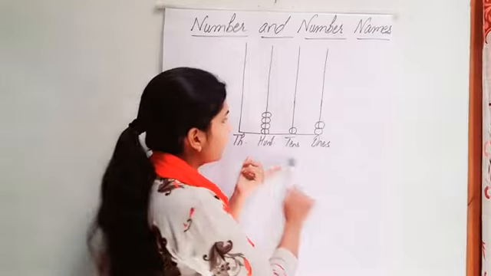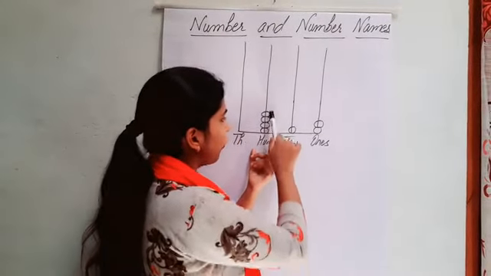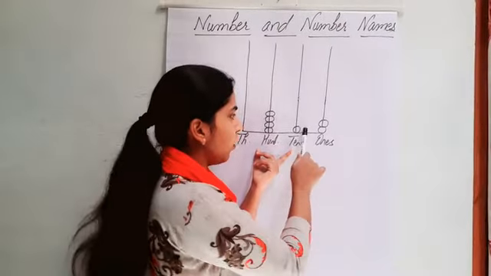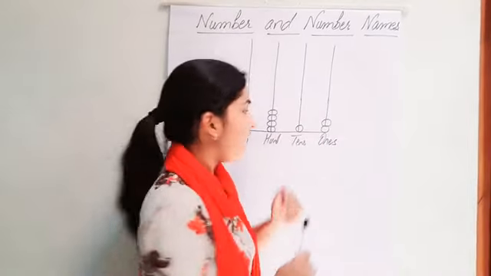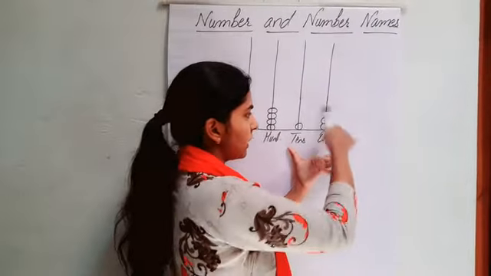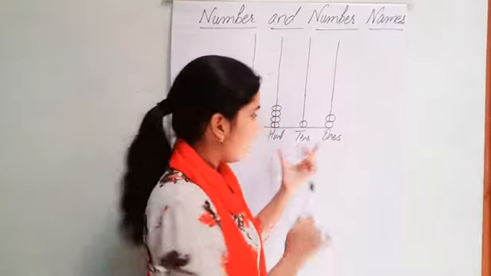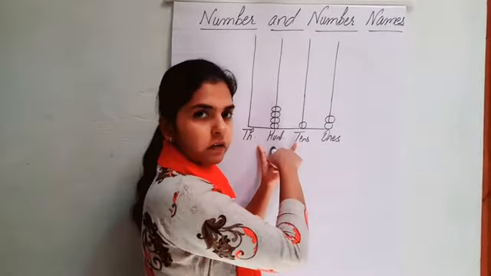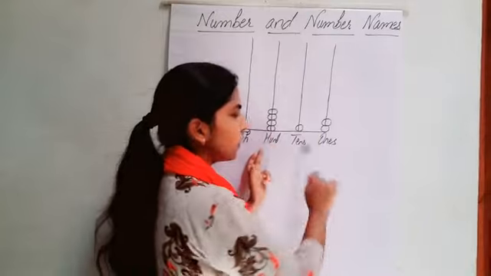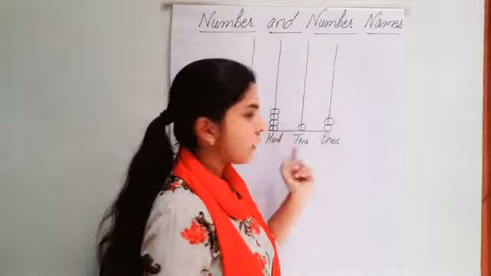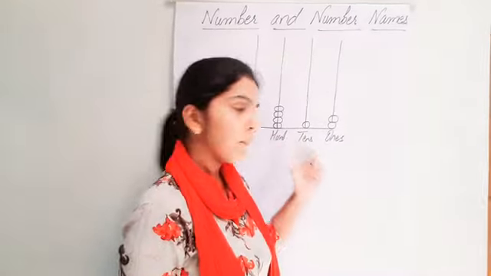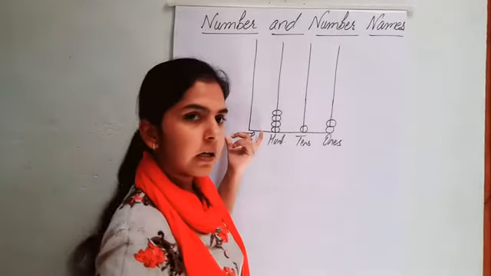And this complete number is 400, 1 ten and 2 ones. As you know, this is 12 and this is 400. So the complete number is 412.